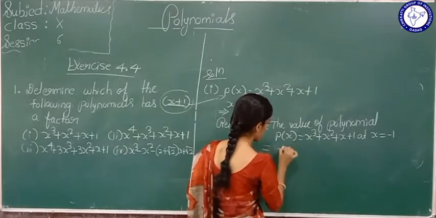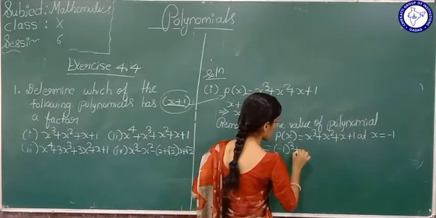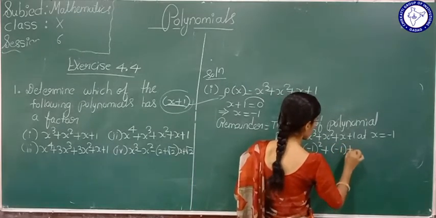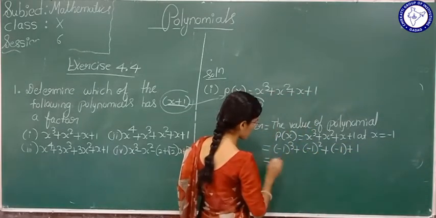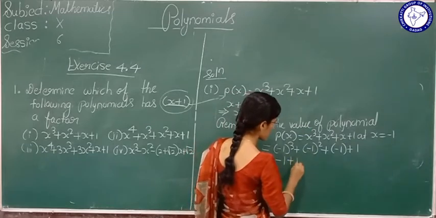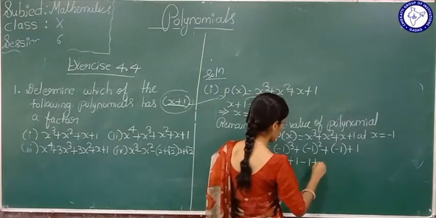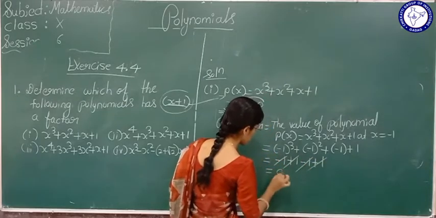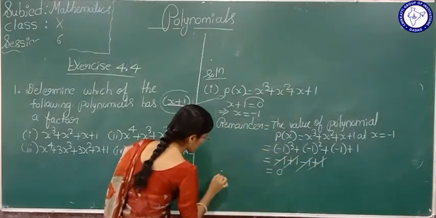It will be minus 1 the whole cube plus minus 1 the whole square plus minus 1 plus 1. Say it will be minus 1 plus 1 minus 1 plus 1. Here 0. So therefore what we can tell?